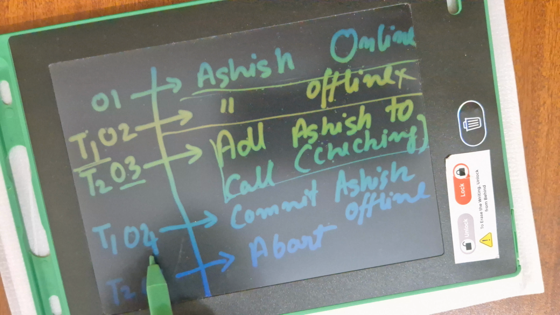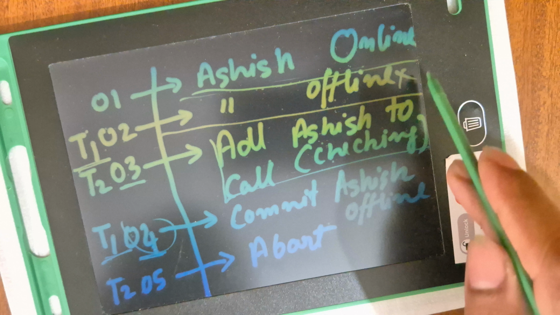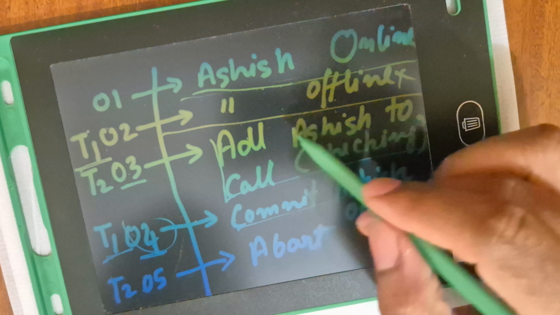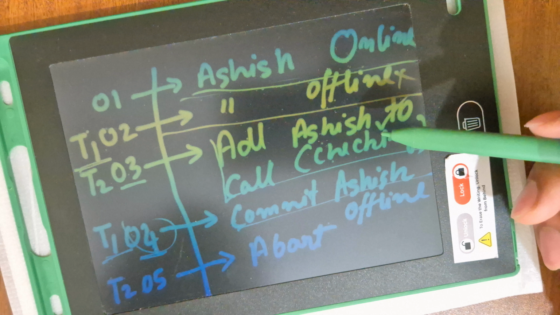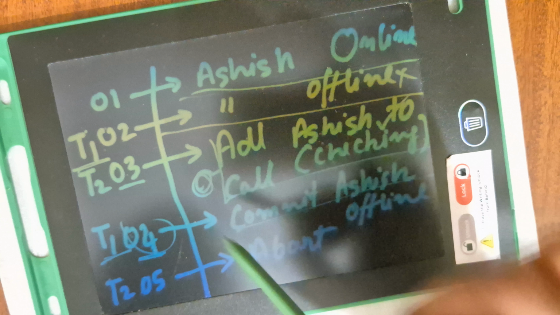Let's say at time 01, Ashish is online. Now Ashish sets his status as offline at time 02, but he has not committed it yet. The transaction in which Ashish is setting himself offline is T1. At time 03, I want to add Ashish to a call.